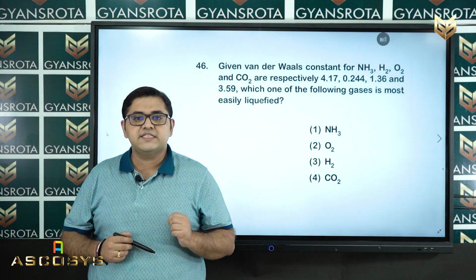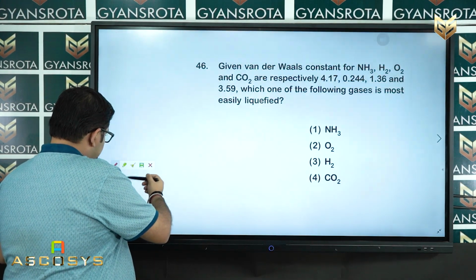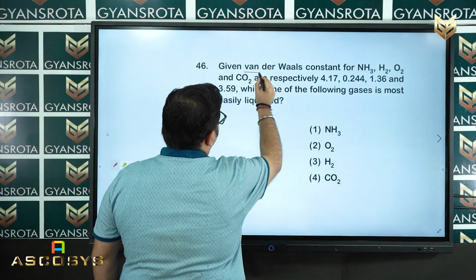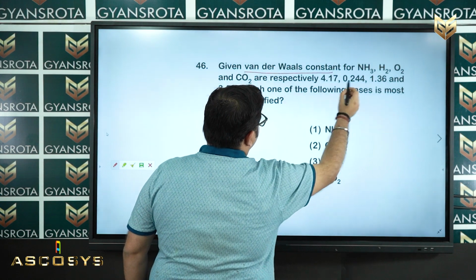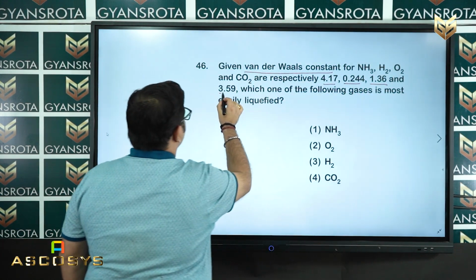Now we are moving to the solution part. They have given the van der Waals constants. What are the values? 4.17, 0.24, 1.36 and 3.59.